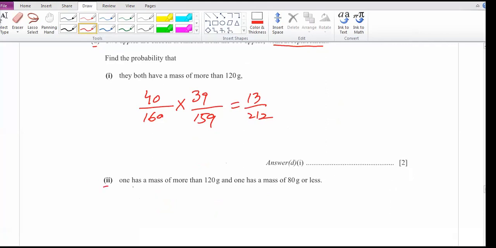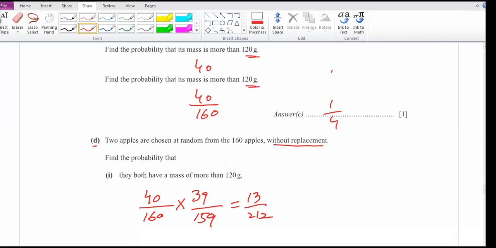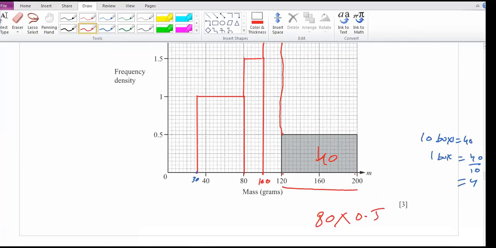And then the second part is: one has a mass of more than 120 and one has a mass of 80 gram or less. First calculate how many are less than 80 gram, or equal to 80 gram. In this one you have to calculate the number. For this one the class width is 50, into the height is 1.